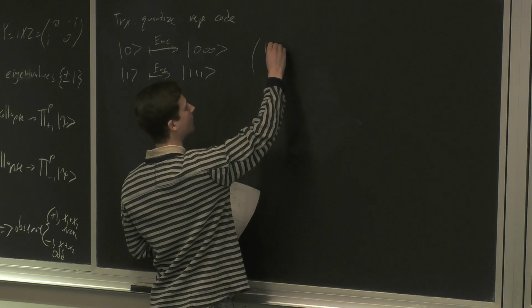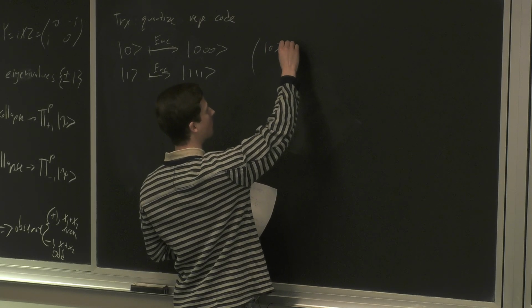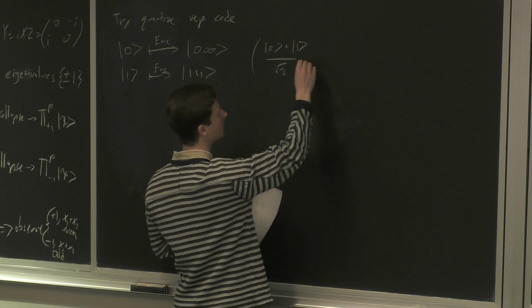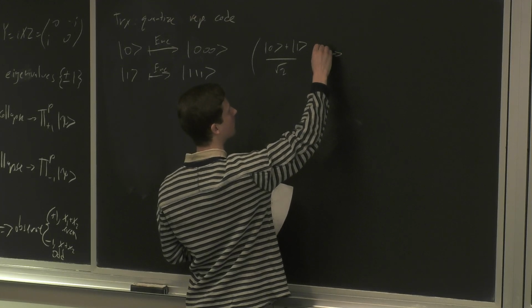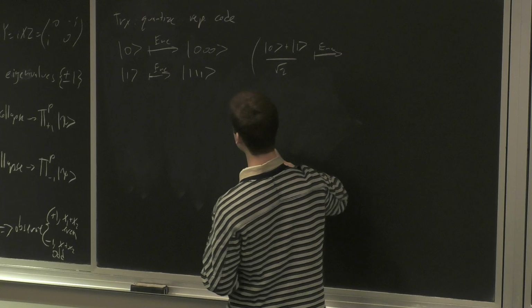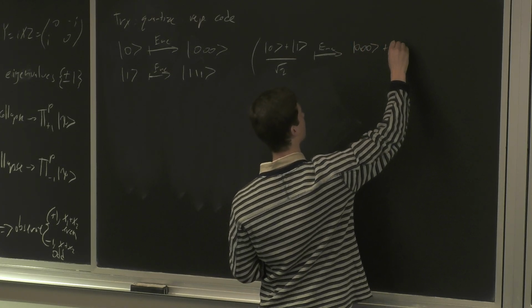And this actually uniquely defines a quantum encoding. Essentially because, as we saw, quantum circuits, quantum unitaries, are linear. So for instance, any linear combination like 0 plus 1 over root 2 gets encoded just to a linear combination of 0, 0, 0 and 1, 1, 1.